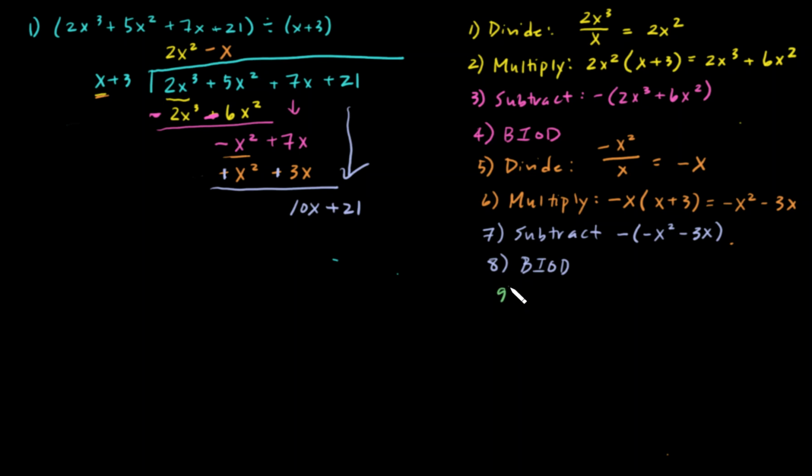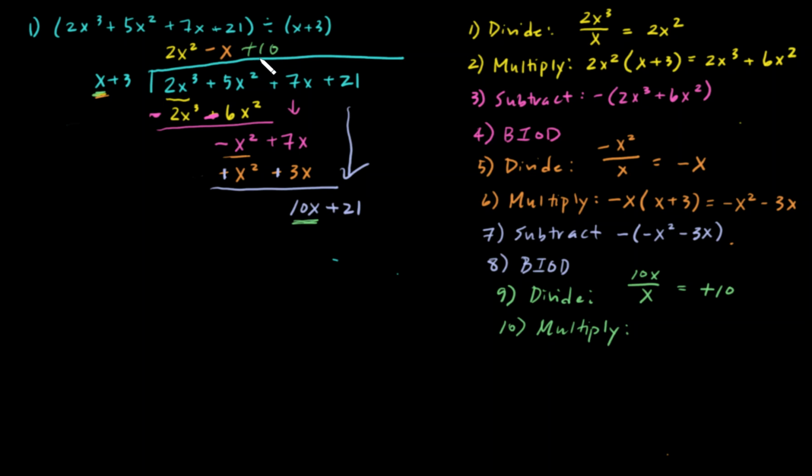Number 9. We're going to divide. And what are we going to divide? We're going to divide the first term, 10x, with x. So we get a positive 10. So that becomes part of our quotient here. Number 10, multiply.